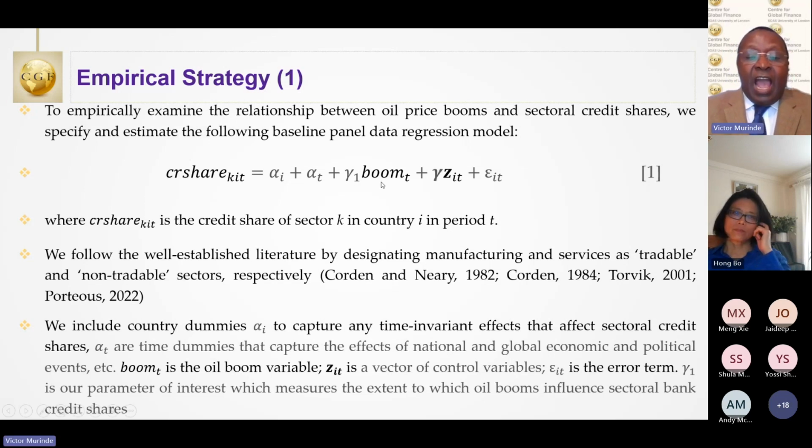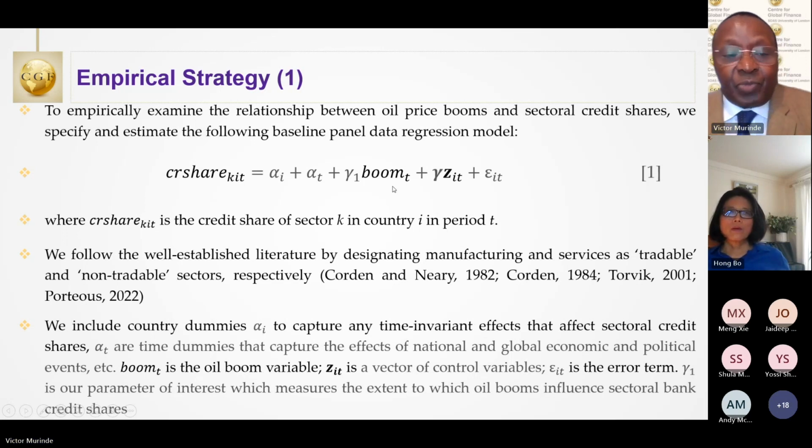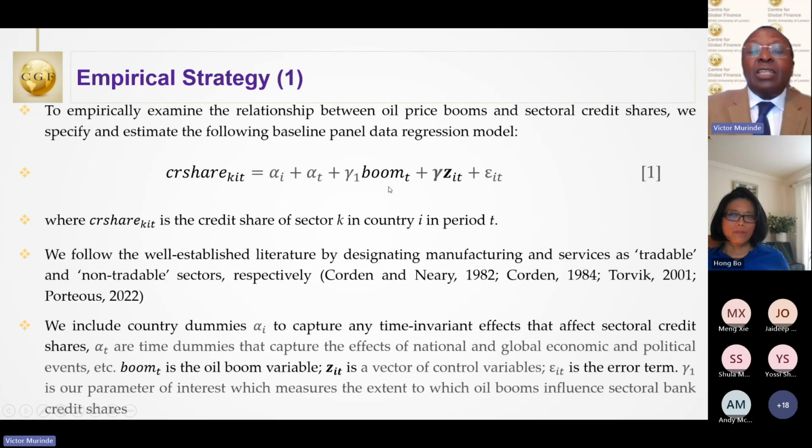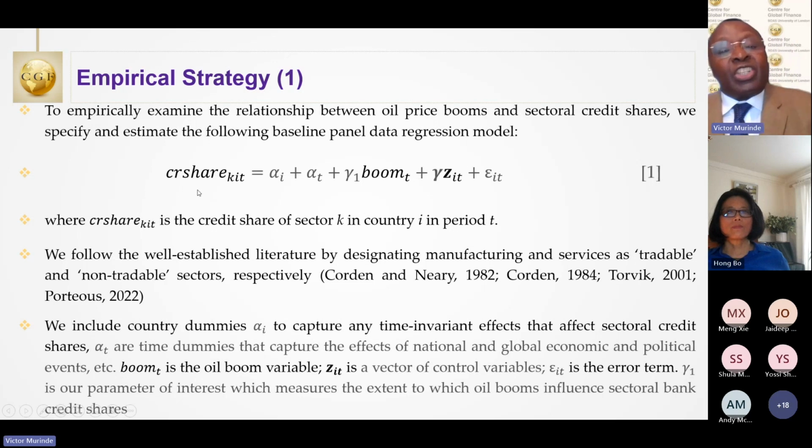And then our variable of emphasis, the boom, where the boom here is the oil boom variable. And then we have Z, a vector of control variables, including those that traditionally should appear in a model that studies bank credit shares.